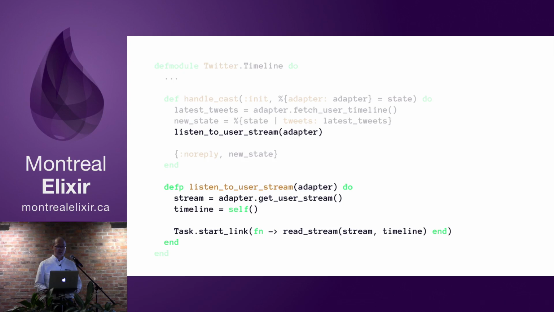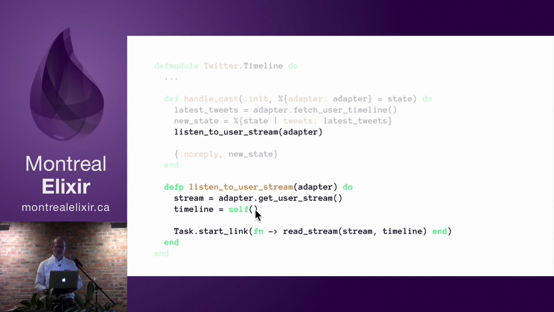Now, when we really initialize the timeline, remember this is deferred initialization, so now we need to listen to the user stream. So we got the adapter to use, so this is a function. We're asking the adapter, I don't know if you remember, but the adapter has 2 responsibilities, providing a list of existing tweets and providing a stream. So we're asking the adapter, hey, give me a user stream.